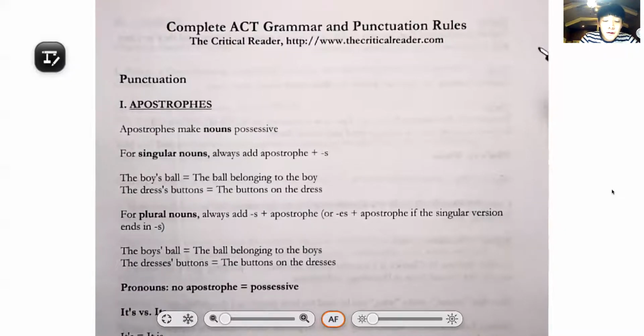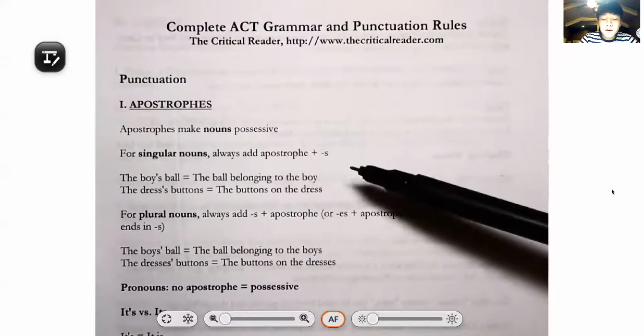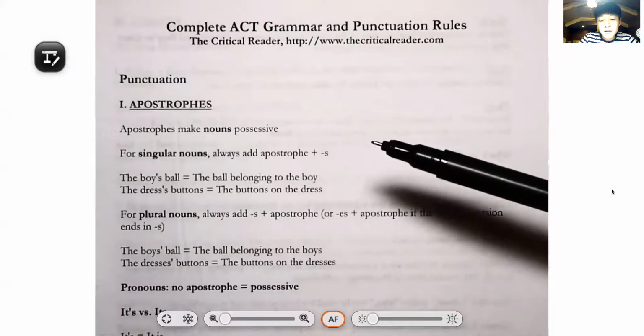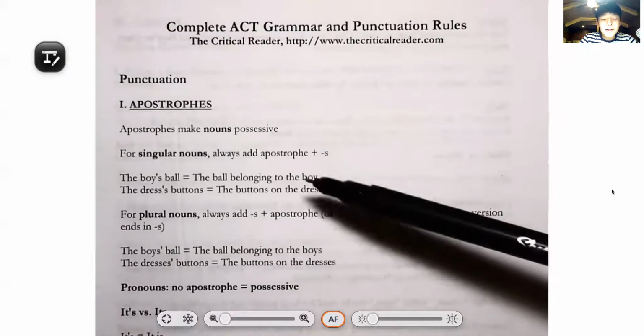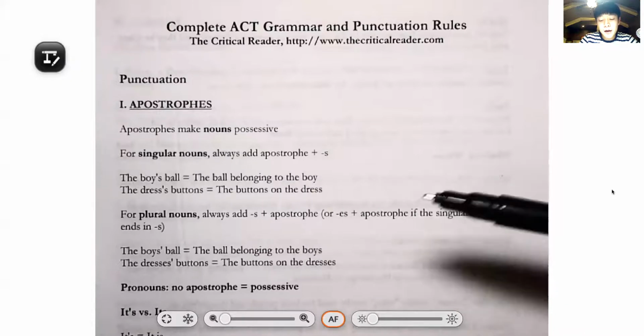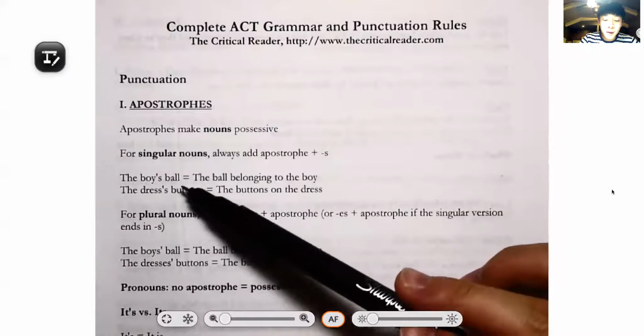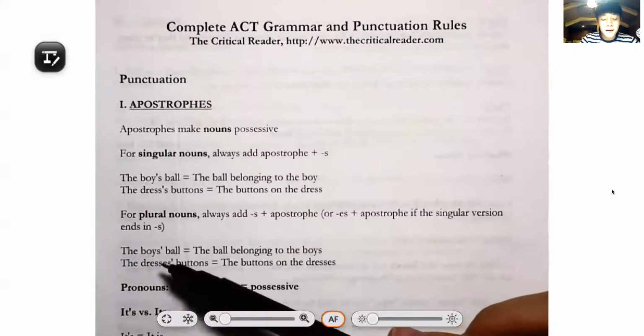And first of all, we'll talk about apostrophes. So apostrophes make nouns possessive. For singular nouns, they always add an apostrophe S, right? The boy's ball, the dress's buttons. For plural nouns, always add S and apostrophe, right? Never confuse this. So you have the boy's ball or the boys' ball, right?